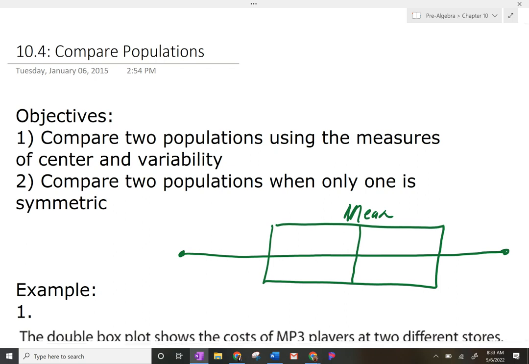So this is the mean, this is the average. This end of the box, the one on the far left, is the number we use for quartile 1. Over here, this is the number for quartile 3.